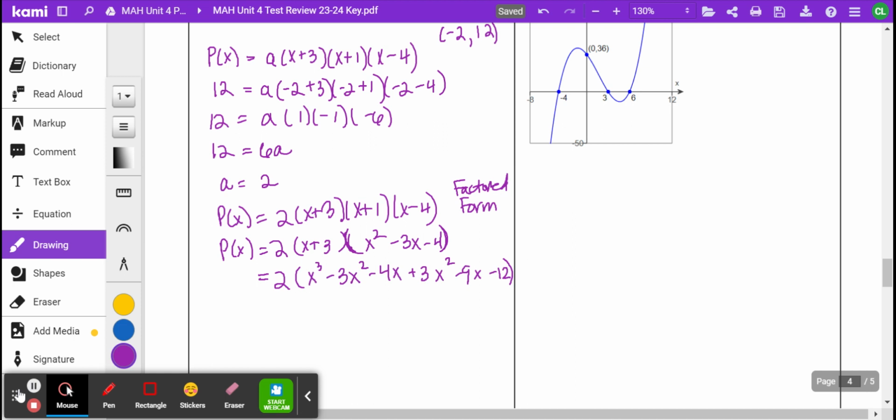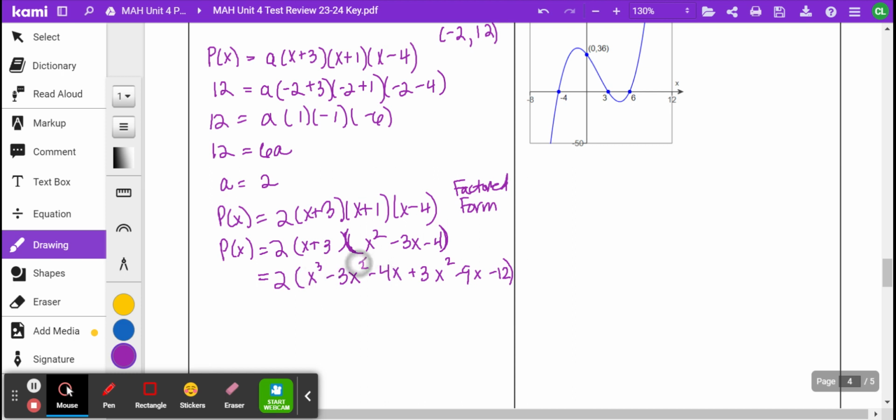All right, I'm hoping I haven't made any errors. This is what I'm seeing. When I distributed the x to everything, I got x cubed minus 3x squared minus 4x. And then when I distributed the 3 to everything, I got 3x squared minus 9x minus 12. And then my last answer would be, let's combine like terms.